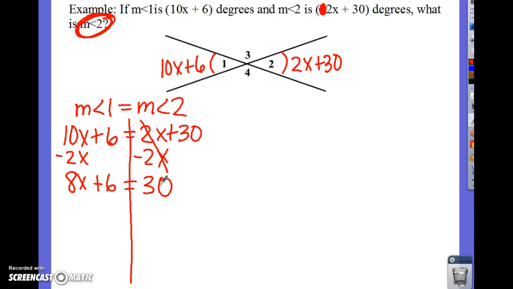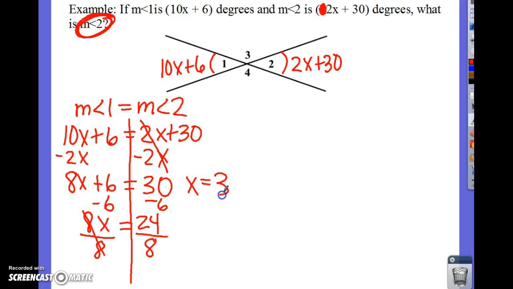I want to get x by itself, so I need to move my 6 to the other side to get all of the numbers together. So the opposite of adding 6 is subtracting 6. So I have 8x is equal to 24. And the last thing I'm going to do to get x by itself is divide both sides by 8, which tells me that x is equal to 3.